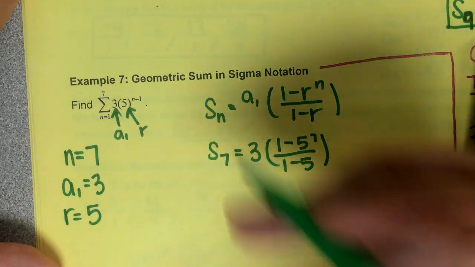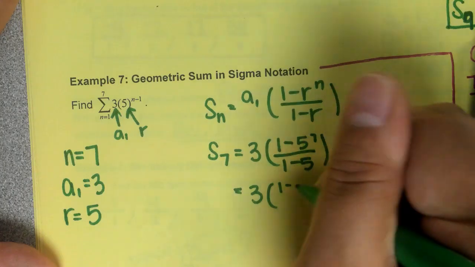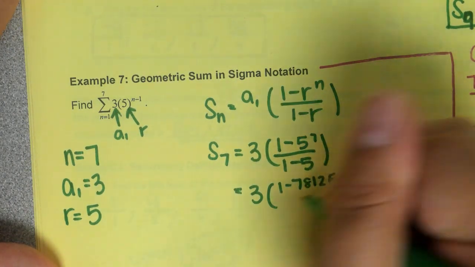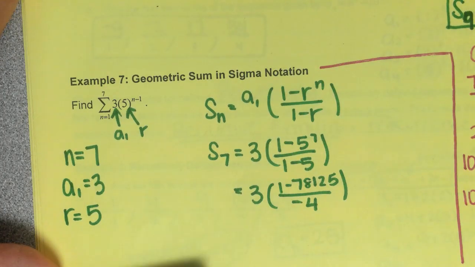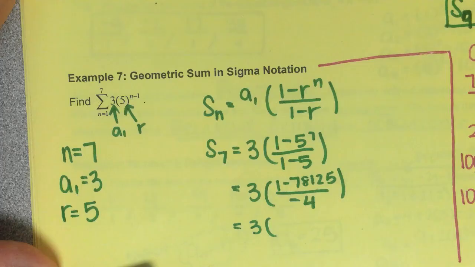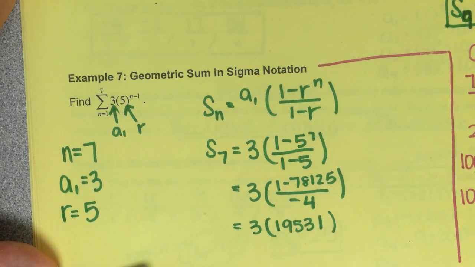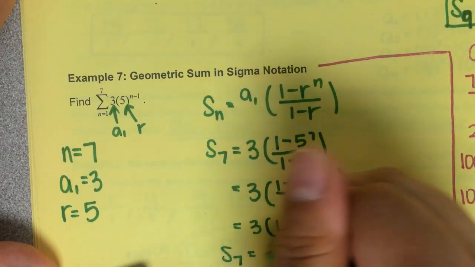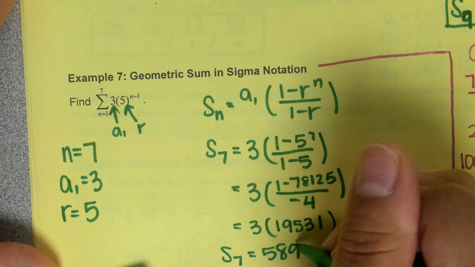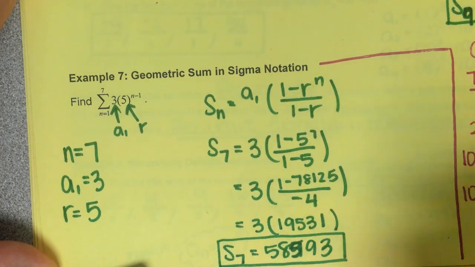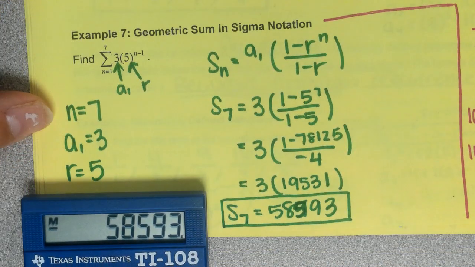But can you do it in your baby calculator? Also sure. 7, 8, 1, 2, 5. I got 58,593.